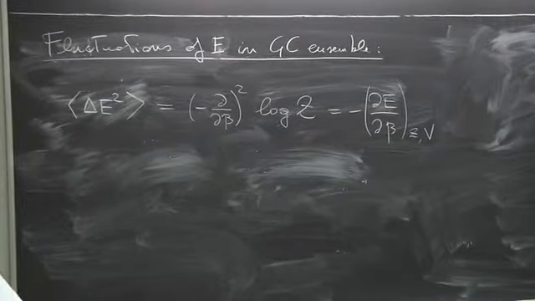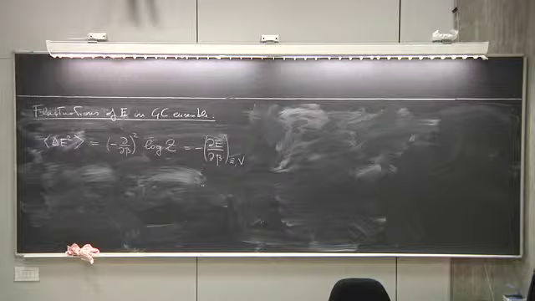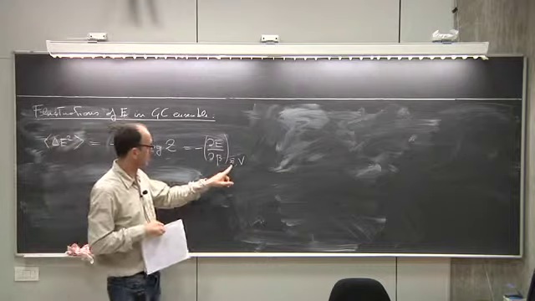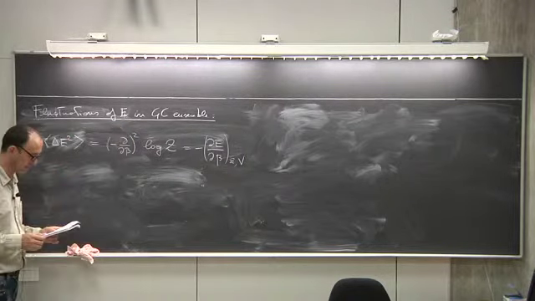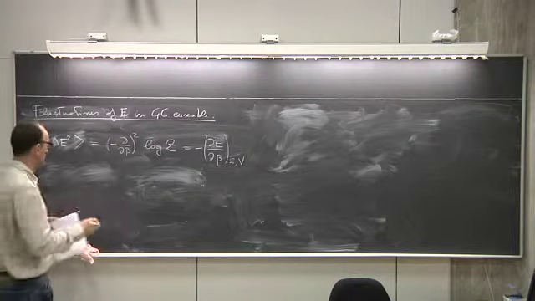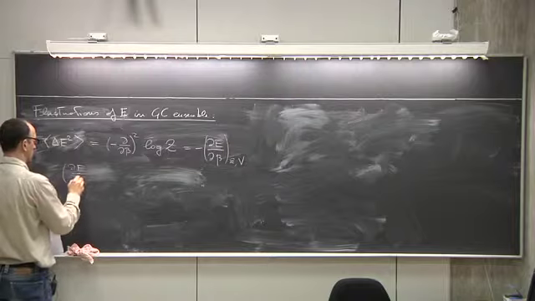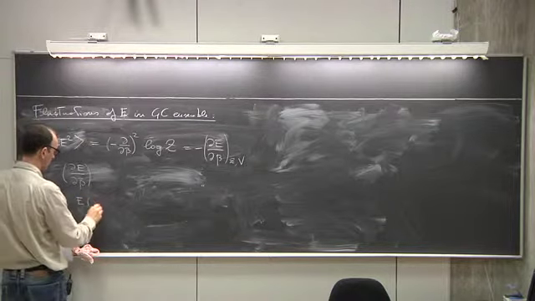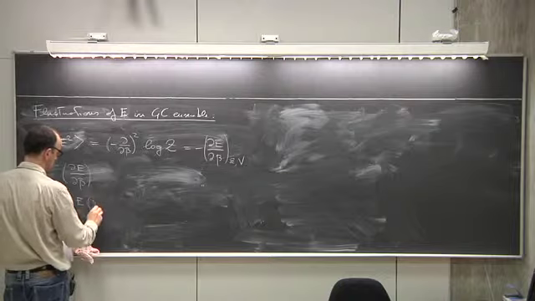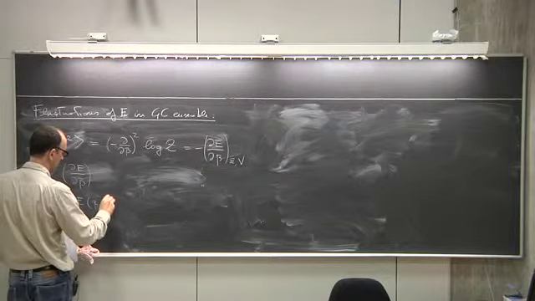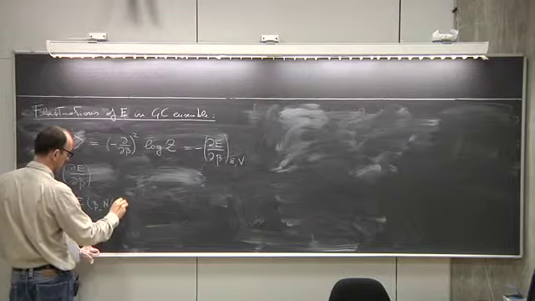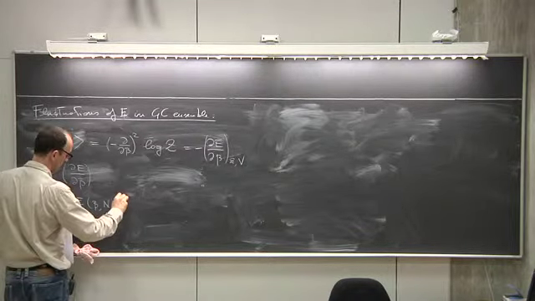Now, if we want to eliminate the fugacity from this formula, we can use the fact that you can think of the energy as a function of beta and the number of particles, where the number of particles is a function of beta, and z is fixed.